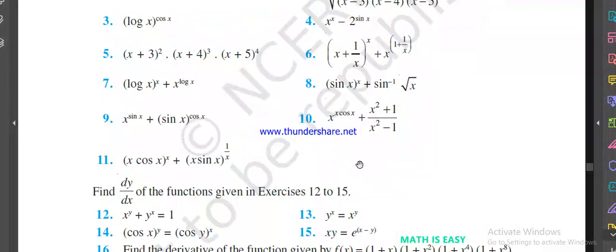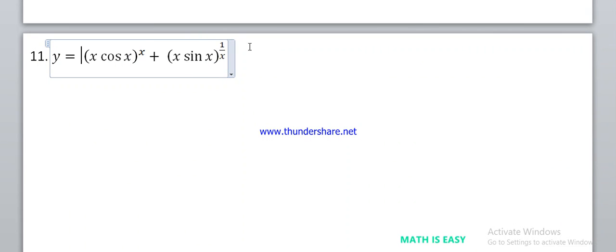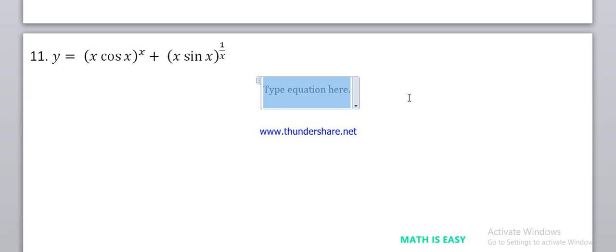Question number 11. So as usual, take y equals to. So let me insert the log on both the sides, apply log on both the sides.